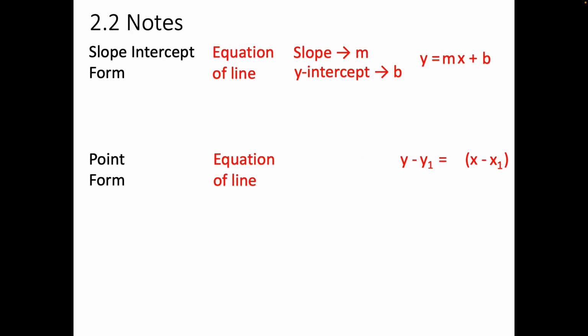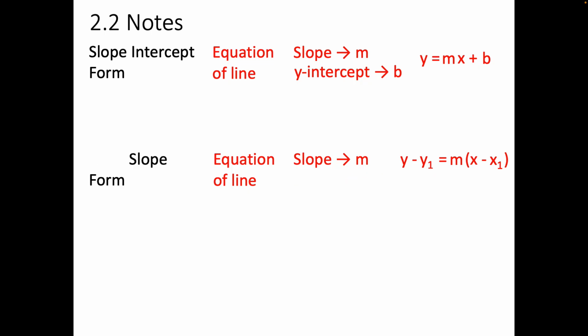But the point-slope form, unlike the slope-intercept form, which had the intercept, we don't have the intercept. But the other thing we have is the point in the point-slope form. And the point is x1, y1, which is just a point on the line.